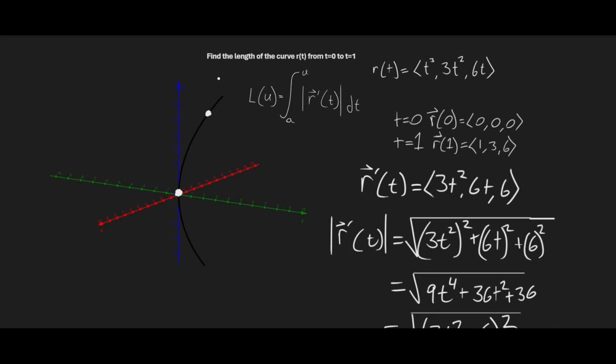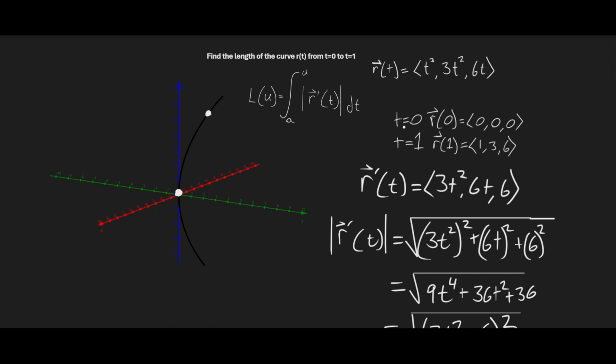So this question asks us to find the length of the curve r of t from t equals 0 to t equals 1. And r of t, the function, is t cubed, comma 3t squared, comma 6t. I've drawn a picture here for you to see, and it's this curve here, and they want us to find the length from t equals 0 to t equals 1.